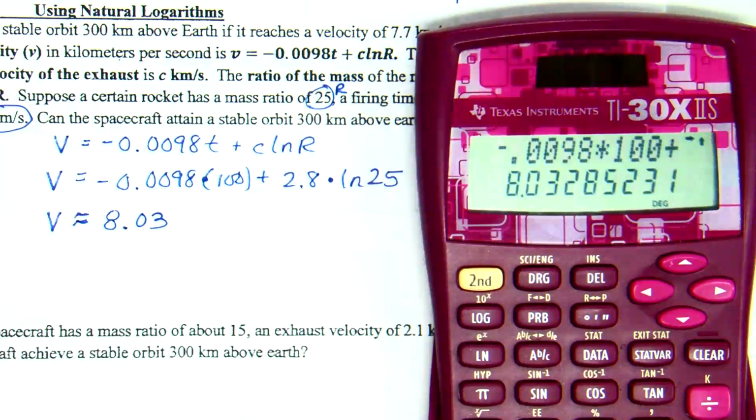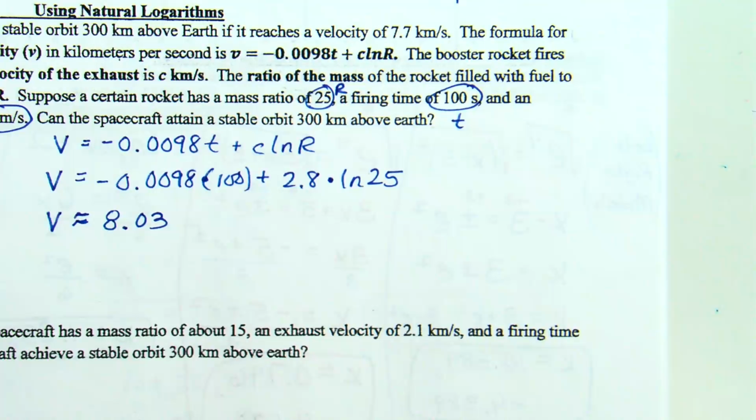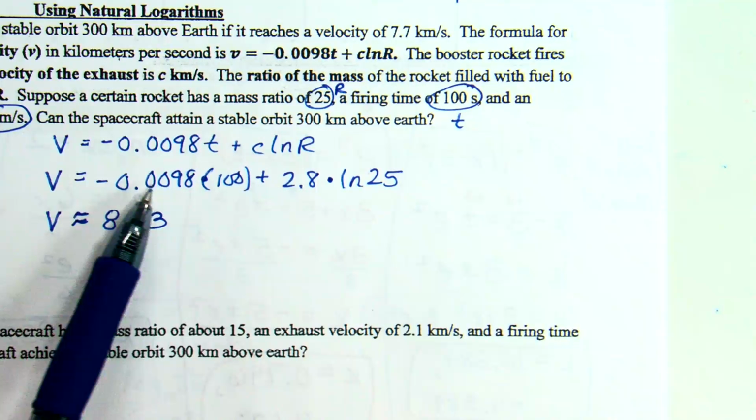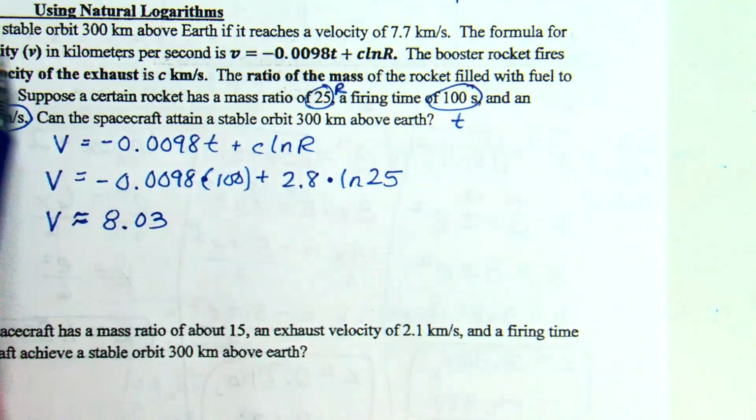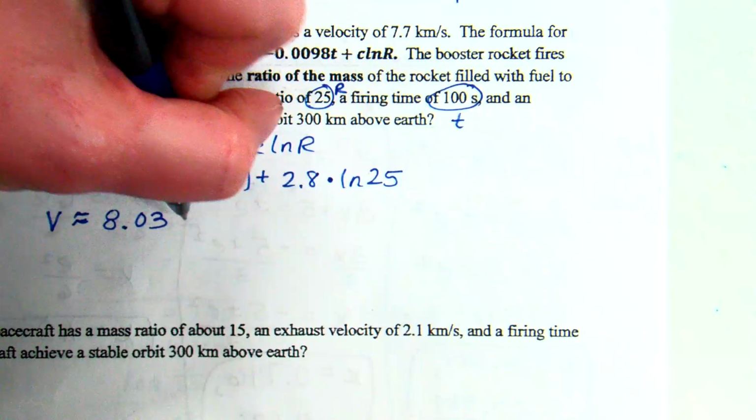What kind of label should this have? It specifically talks about velocity in kilometers per second. So this is kilometers per second.